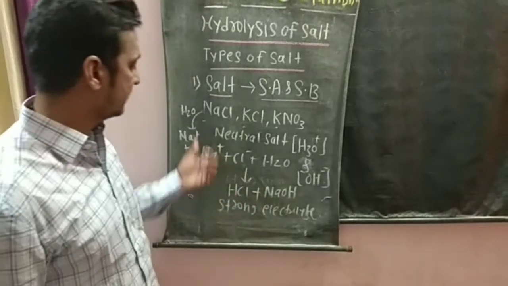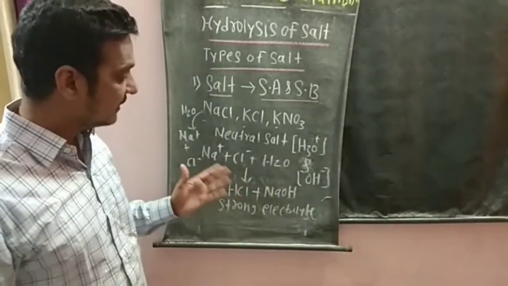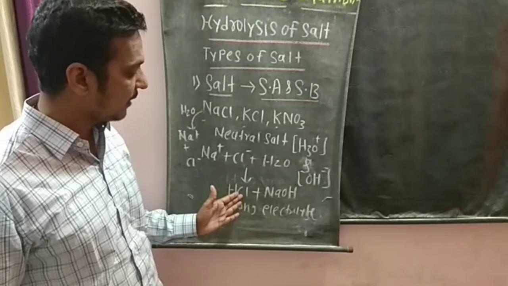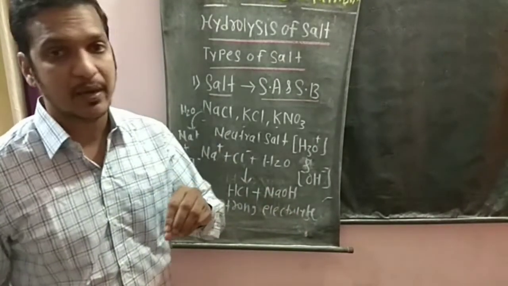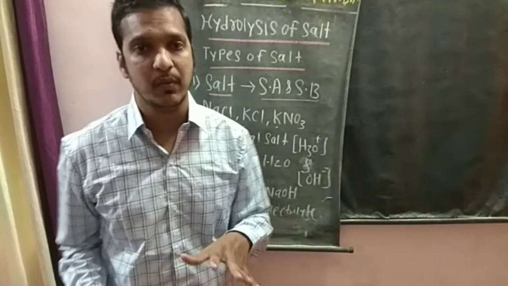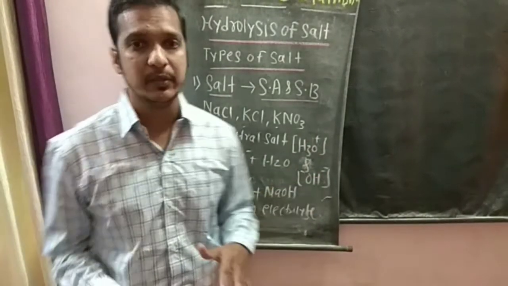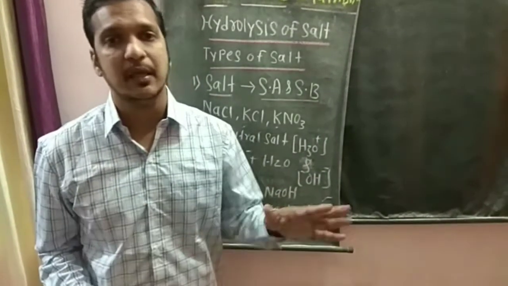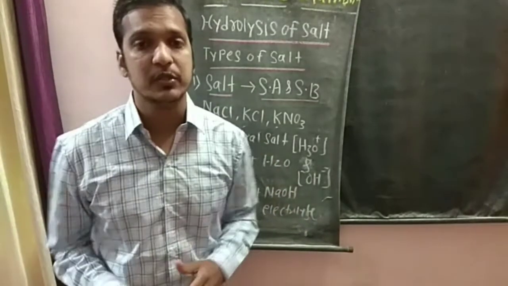In case they reacted, they would form again a strong acid and strong base, strong electrolytes, which completely dissociate in water. So the concentration of H3O plus and the concentration of OH minus is not disturbed. That is why they are called neutral salts.